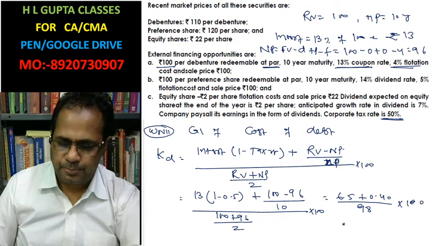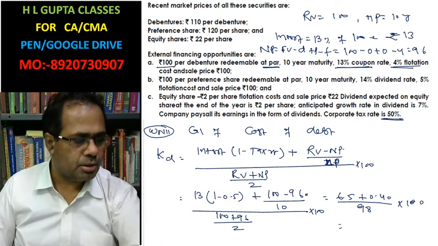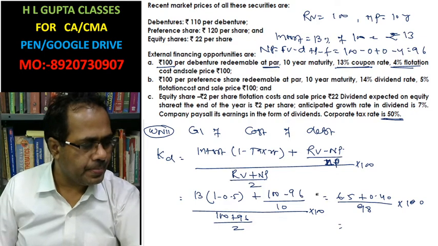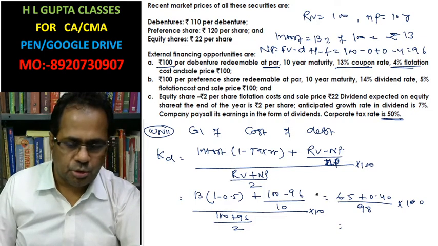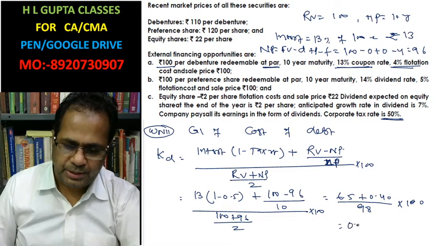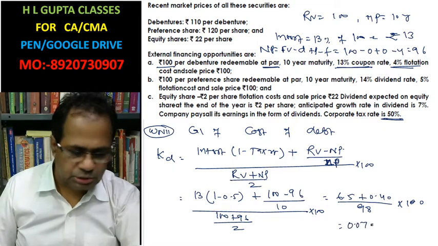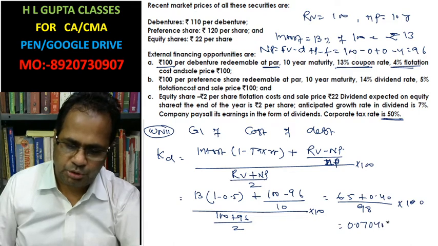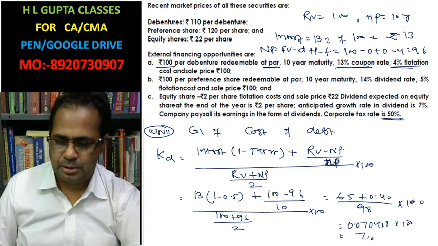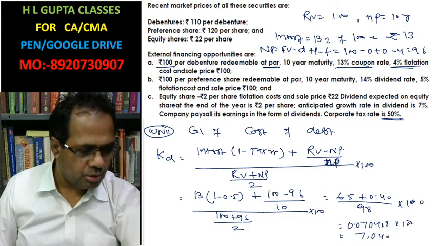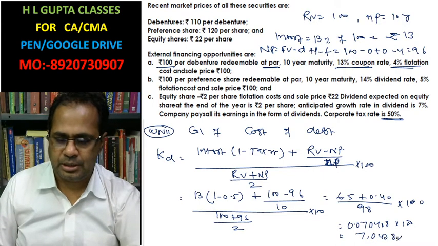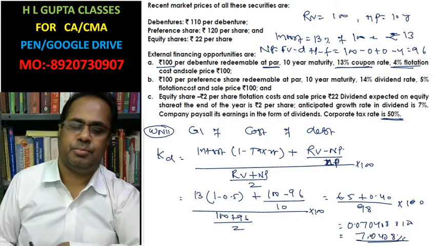This will be 0.070408 into 100, which is 7.0408. This is the cost of debt.